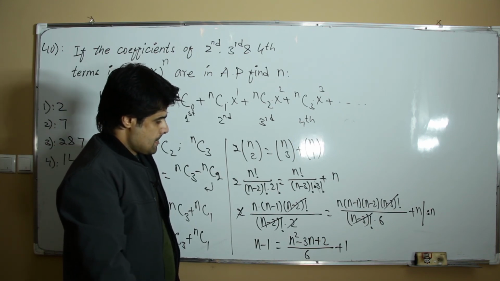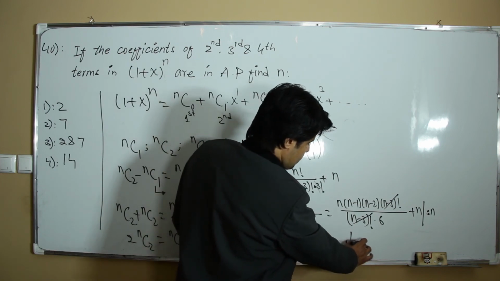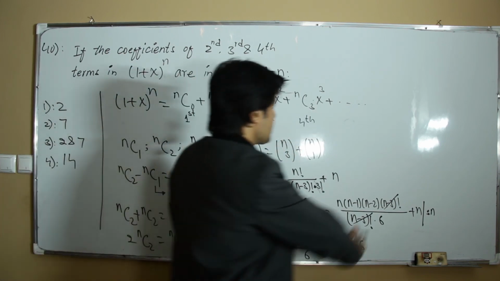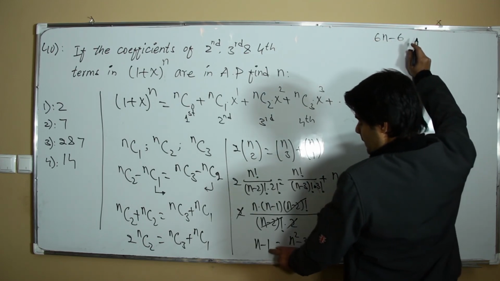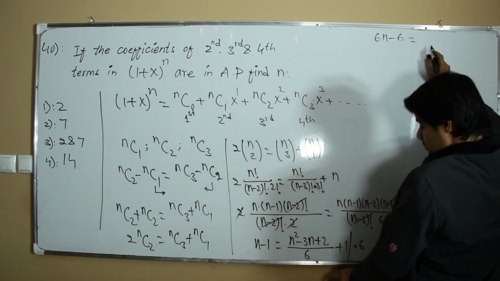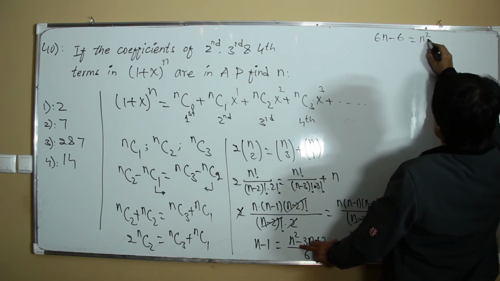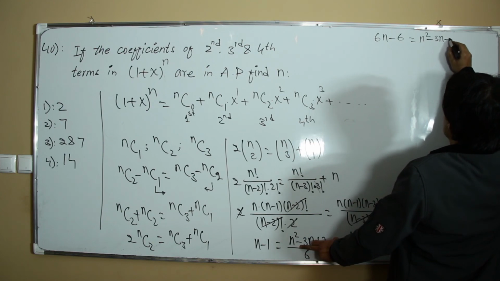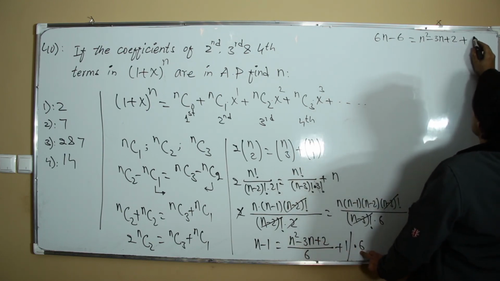Now multiply both sides by 6. You have 6n minus 6 is equal to, with 6 cancelled, we have n squared minus 3n plus 2 plus 1 times 6, it's 6.